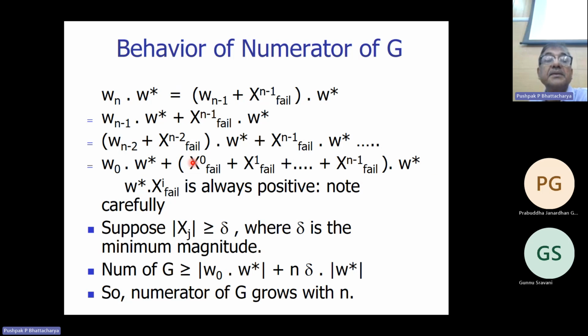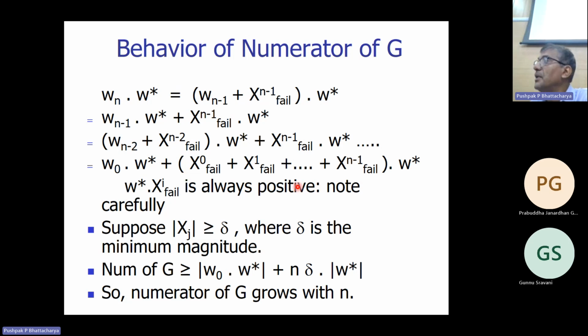So if that happens, then we move backward from wn minus 1 to wn minus 2, and so on. Finally, we have this expression w0 dot w star, where w0 is the initialized vector, plus w star dot all the failed vectors.